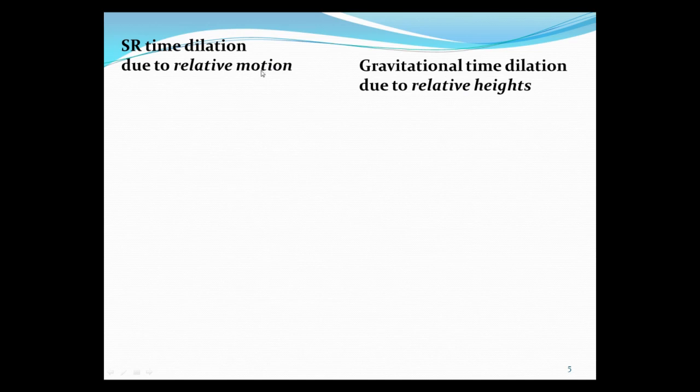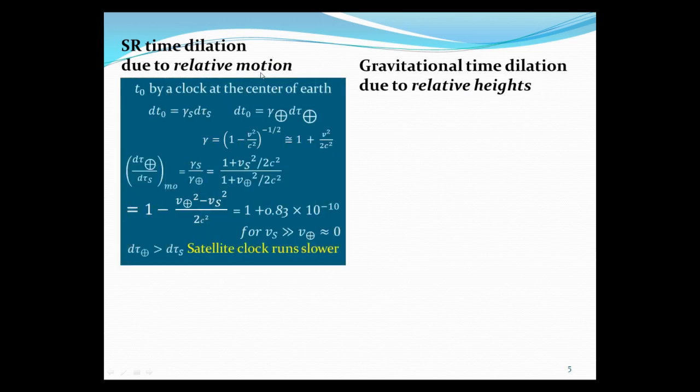So let's look at the relative motion, the special relativity correction. Let's hypothetically take a clock at the center of the Earth, at time T0. With respect to it, you will see the satellite clock is moving. So there's a special relativistic time dilation, T equals gamma times tau, where gamma is the satellite gamma factor, tau being the rest frame of the satellite but moving with respect to the center of Earth.